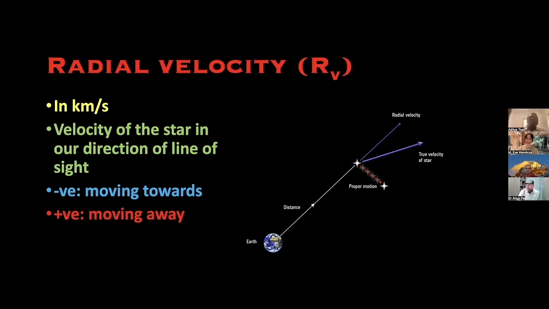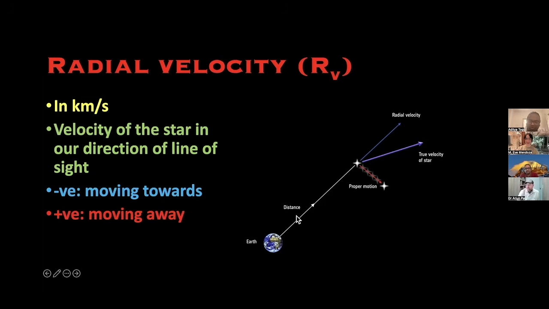So distance is clear, how far and how near. Then a star has got three types of velocities. What are those three types? One is whether the star is coming towards you or going away from you. That motion is called radial velocity, or radial speed.